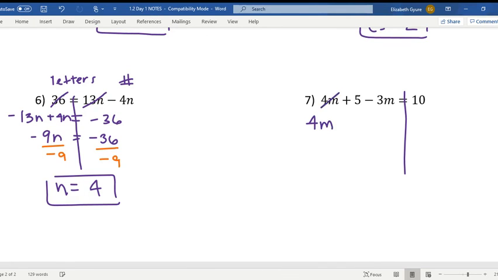It is staying. Corey, what about 5? Yep. Very good. Move it to the other side. Make it a negative. So move a -5 over.